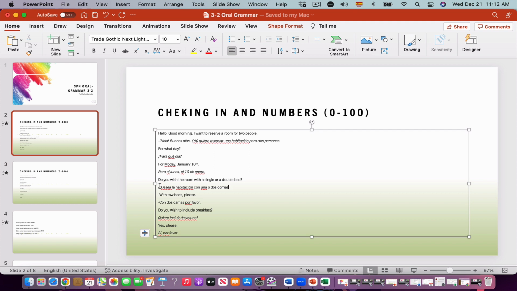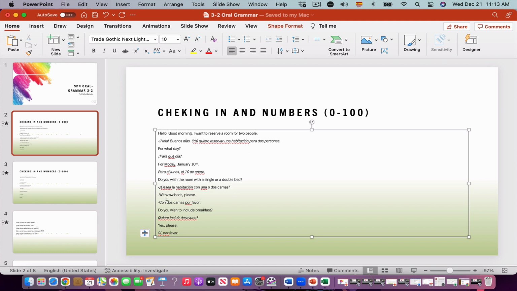So the person is going to say, ¿desea la habitación con una o dos camas? ¿Desea la habitación con una o dos camas? So that means, do you wish or do you want the room with one or two beds? Camas means beds. So, desea, do you wish the room with one or two beds?